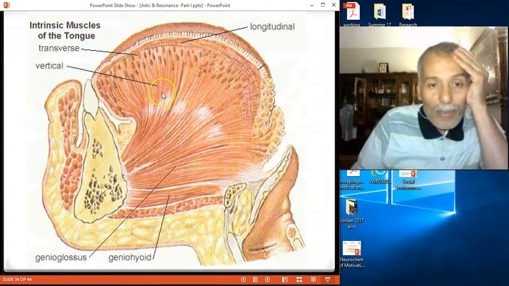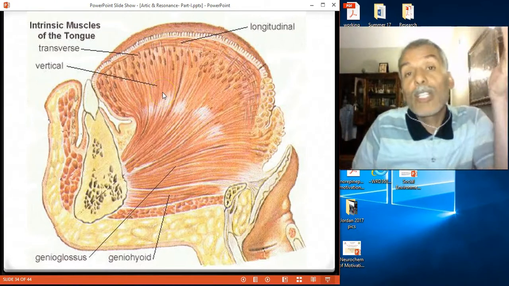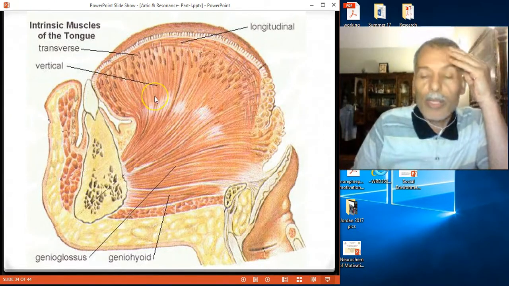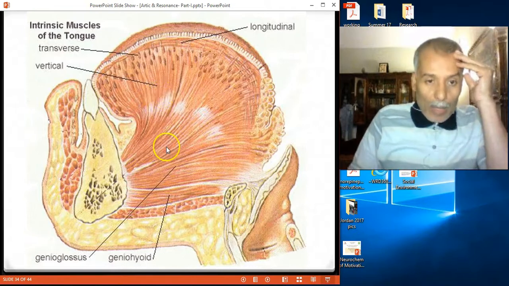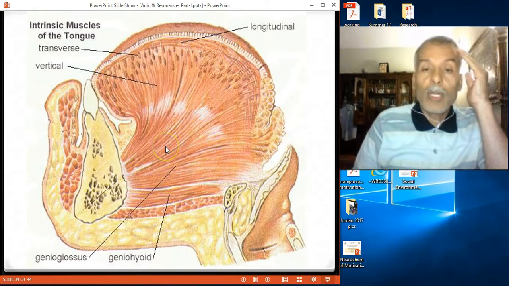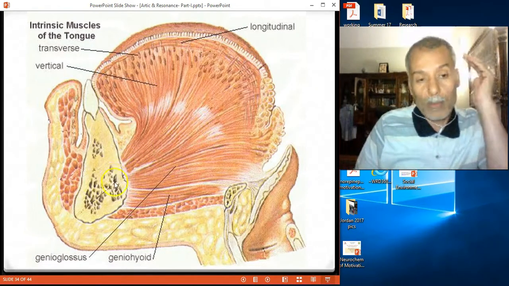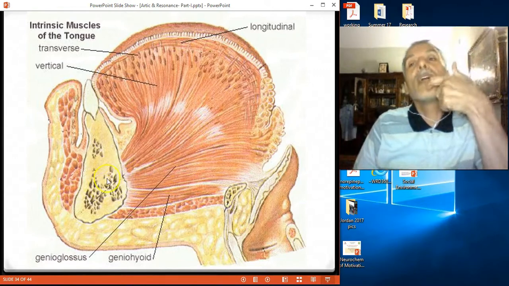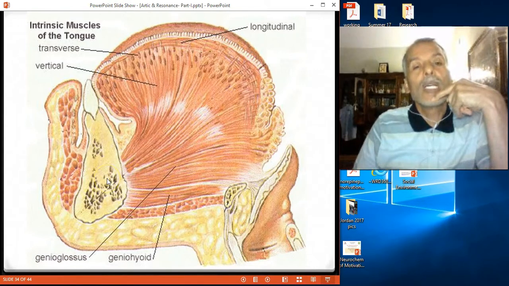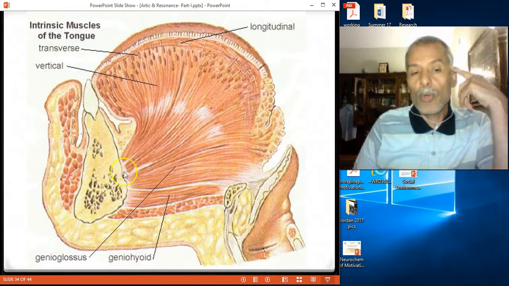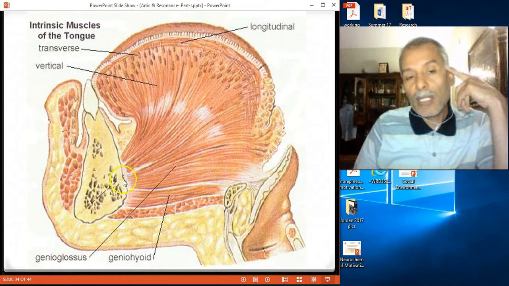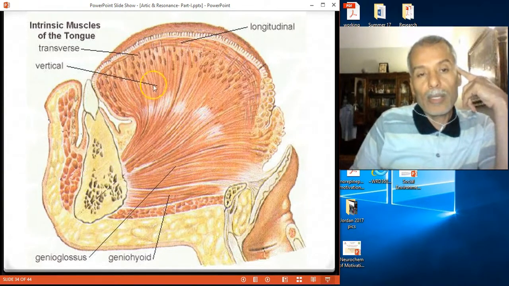Then you have the extrinsic lingual muscles now, the biggest of all, making almost two thirds of the tongue. That muscle originates on the interior surface of the chin bone, and it fans posteriorly and superiorly like this.